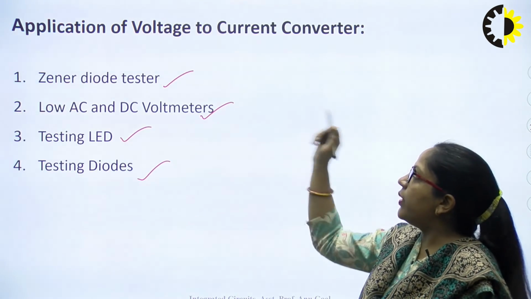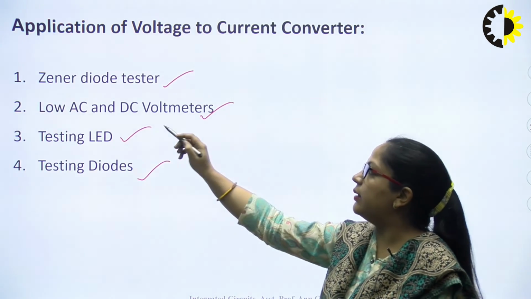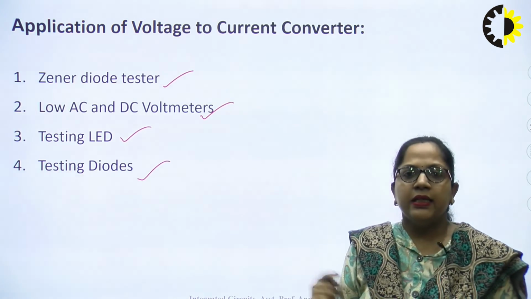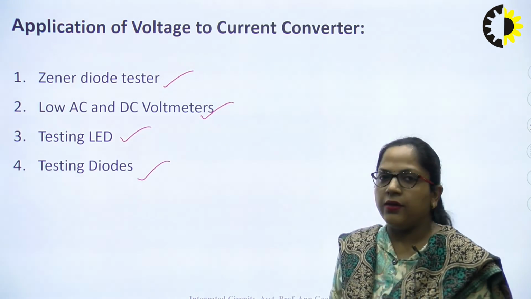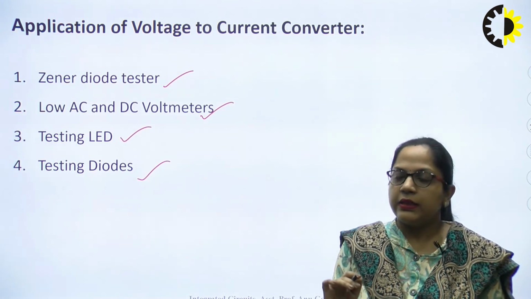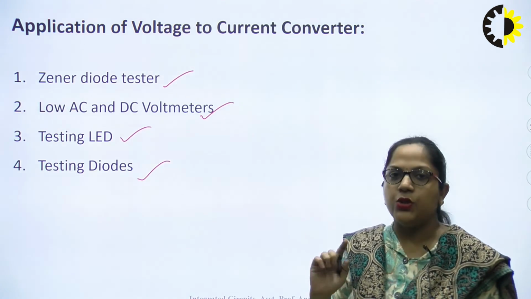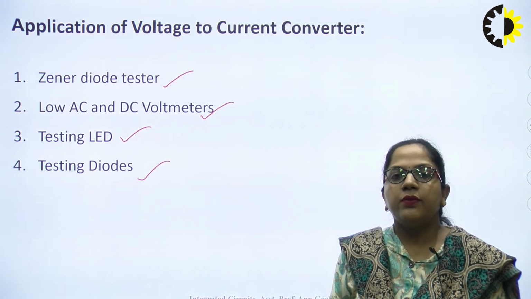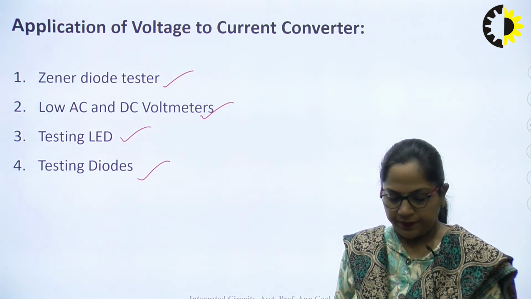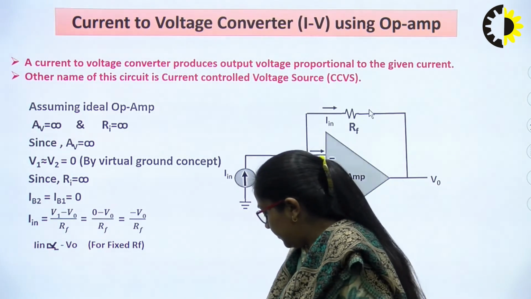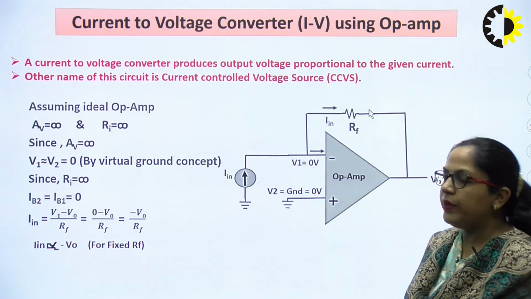Further, this V2I converter can be used in low voltage AC and DC voltmeters. So this is all about the V2I converter, where we have seen that it can be realized in two ways: floating load V2I converter and grounded load V2I converter.